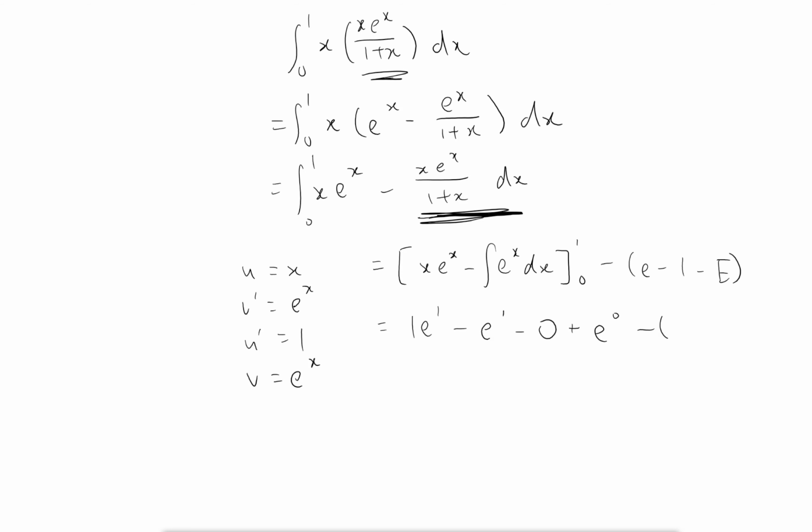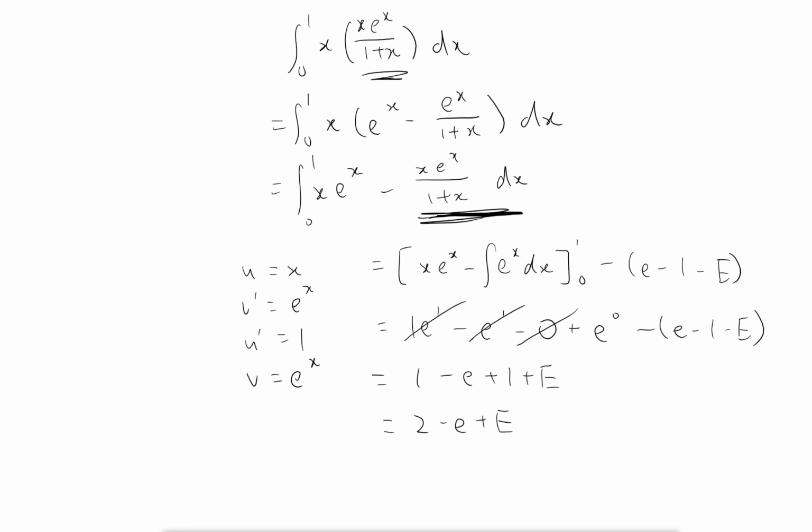Then minus e minus 1 minus big E. Now we have to do the maths. That cancels with that, it's both e to the 1, and 0 doesn't matter. That becomes 1 minus e plus 1 plus big E, which gives 2 minus small e plus big E. So that's the first two integrals that we're asked to evaluate.